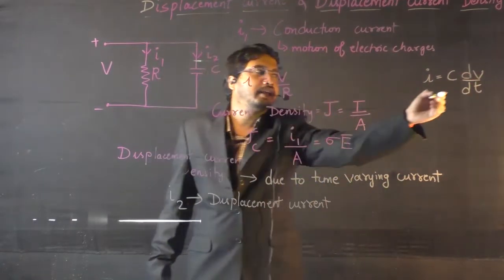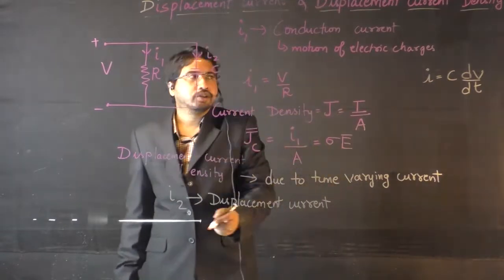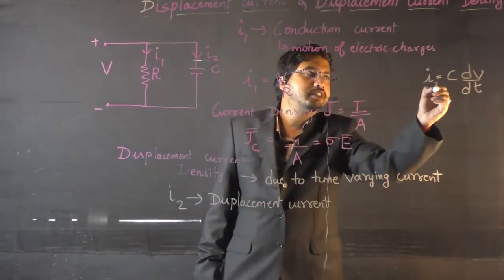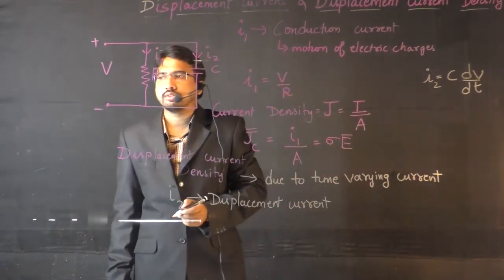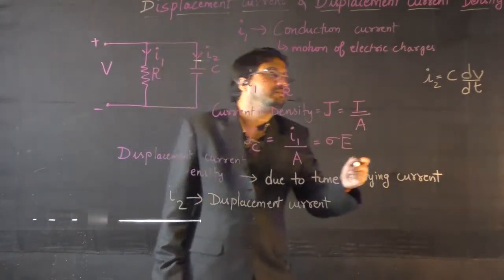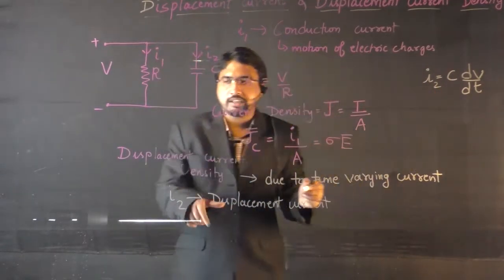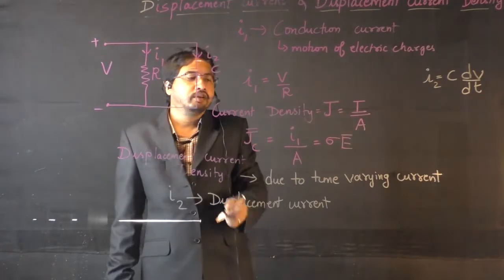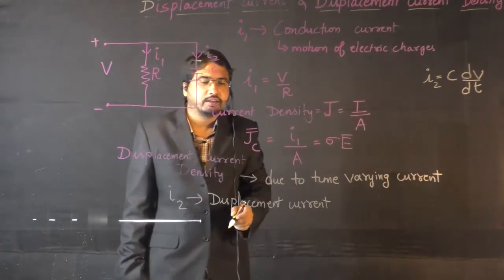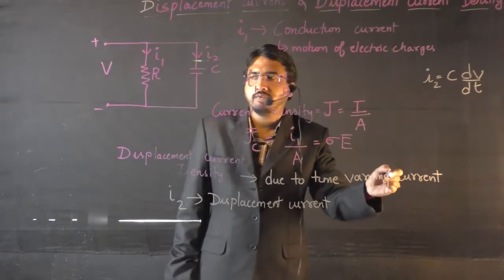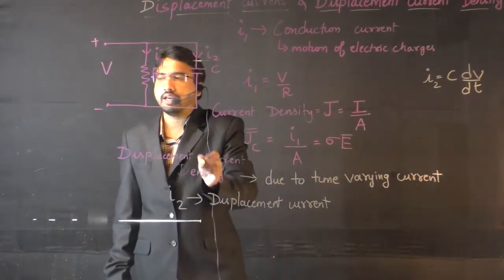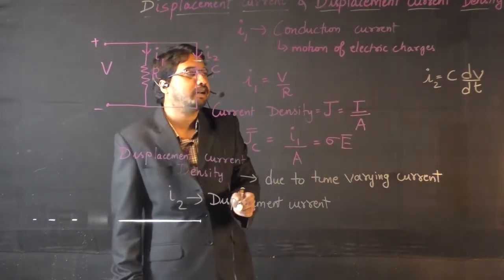This is the time varying current. So here your I2 is called displacement current. So I2 equal to C dV by dt. This is the actual displacement current that is flowing in this circuit. This displacement current is generally produced due to time varying currents. That means it is a time varying current density, the displacement current density.